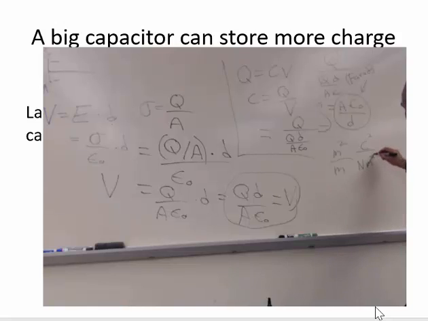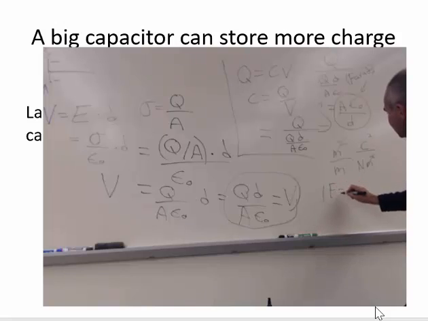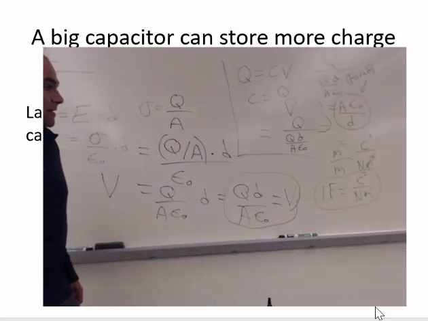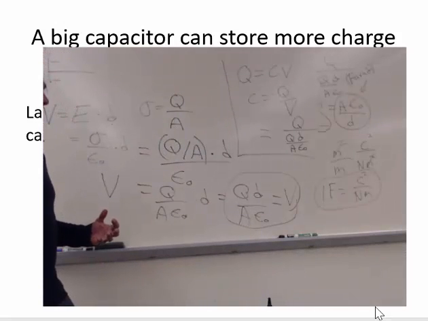So these cancel, and 1 farad is equal to a Coulomb squared per Newton meter, which is not a particularly interesting or insightful unit, but we can work with that. That's what the unit of capacitance is.